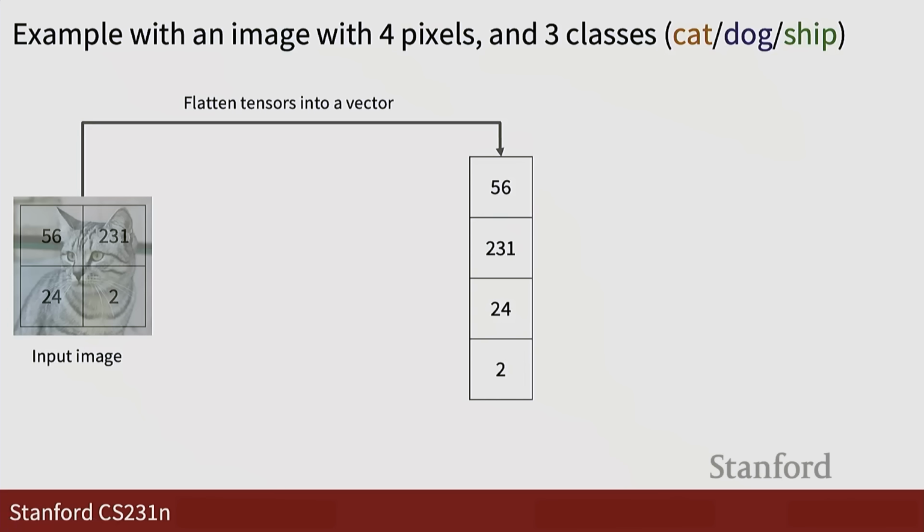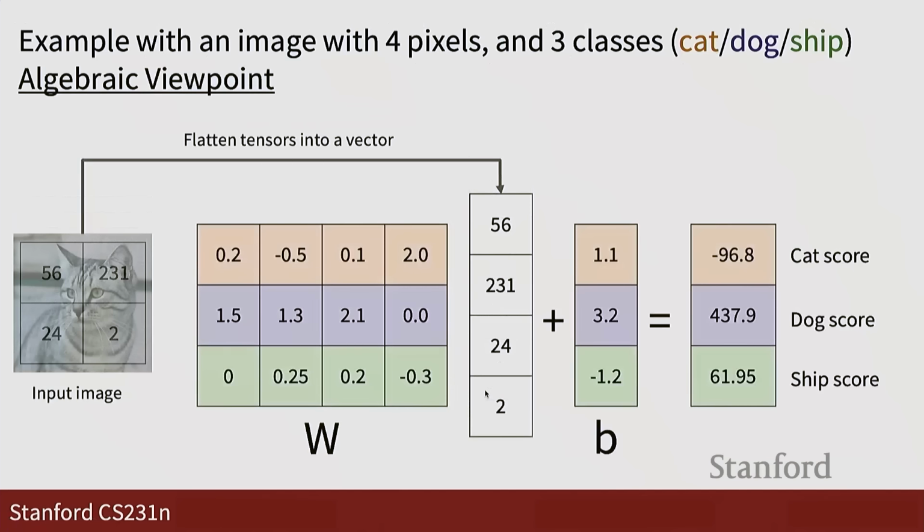This means that the input image is turned into a vector. As you can see here, we have to find a W and the values of B. So the input image is mapped into some scores as the output.